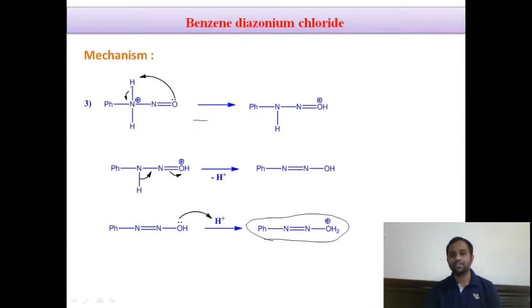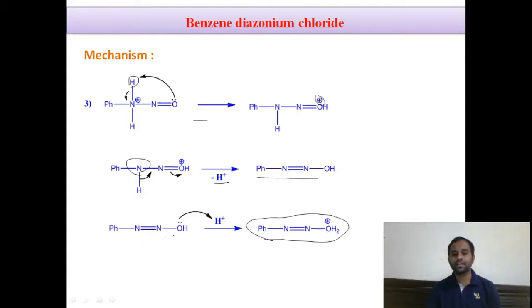So in this third step, what happens is first the rearrangement of a proton from the nitrogen to the oxygen, thereby the oxygen gets a positive charge, right? This is followed by the loss of H plus, that is a proton, from this nitrogen atom to form this hydroxy diazo compound.